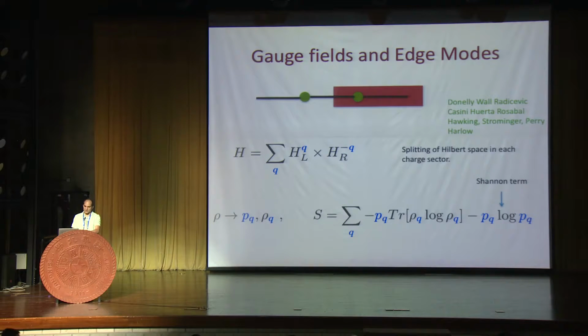And so these Qs can be called charges, and they simply correspond to the electric field. They are kind of like a surface charge that exists when you cut the space into two parts, and they contribute to, so when you have a density matrix, a density matrix is given by a density matrix in each of the factors, and also a classical probability distribution for each of these terms in the sum.